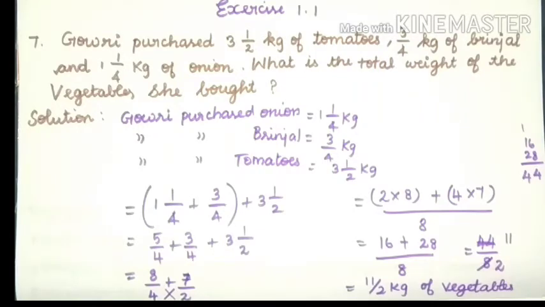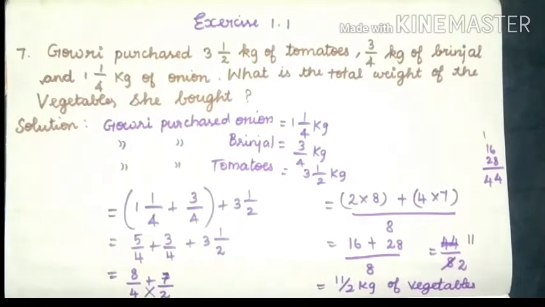See, here the denominators are not the same. To find the common denominator, we have to use the cross multiplication method. That is, first numerator with the second denominator and second numerator with the first denominator.